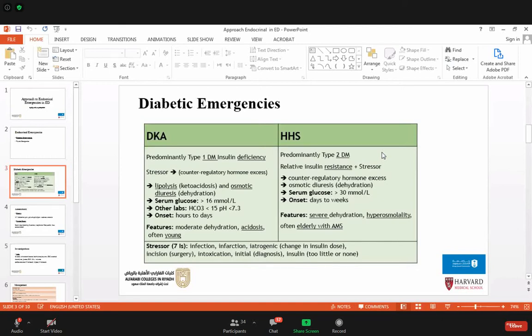So he is 2 days after the beginning of the attack, which is too late, and he was unstable when he arrived. So we did not take him to the cath lab. They took him 2 or 3 days after we controlled his symptoms, and we controlled the diabetic ketoacidosis. But alhamdulillah, he survived after that.